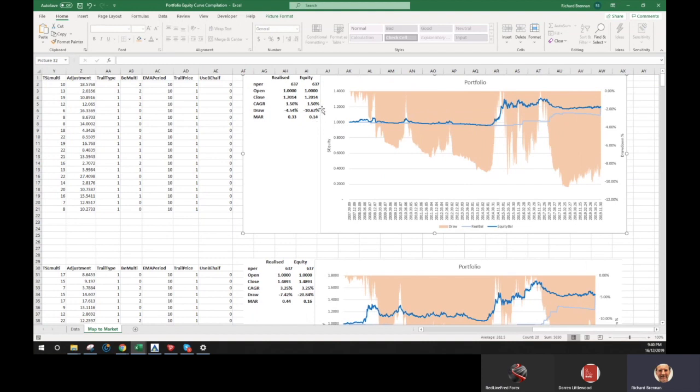What this means is the relationship between the compound annual growth rate and the maximum drawdown was basically 14%. 1.5% over 10.62% is 14%. We want this MAR ratio to increase. What that means is that on a risk-adjusted basis, the portfolio becomes much more powerful and scalable.